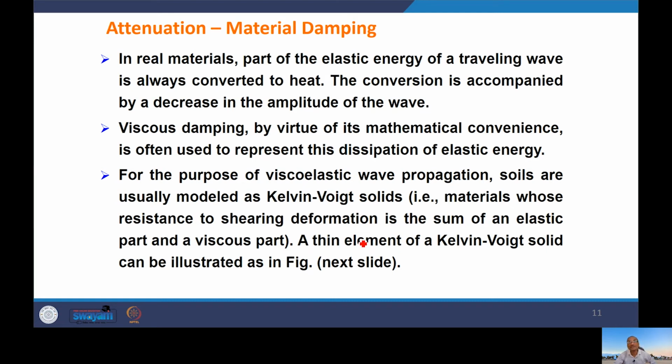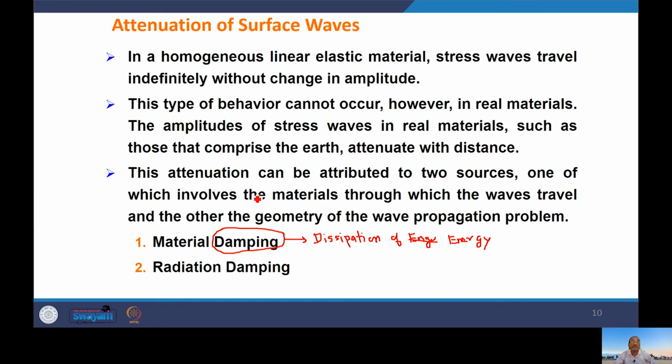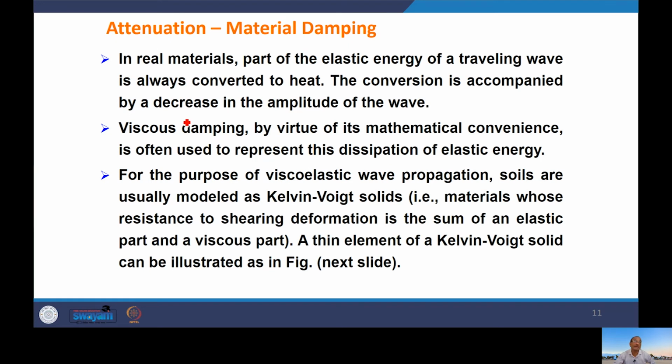So you have material damping and radiation damping. Now let's discuss material damping only. In case of real material, which is normally heterogeneous, part of the elastic energy of a traveling wave is always converted to heat, and this conversion is accompanied by a decrease in the amplitude of the wave.